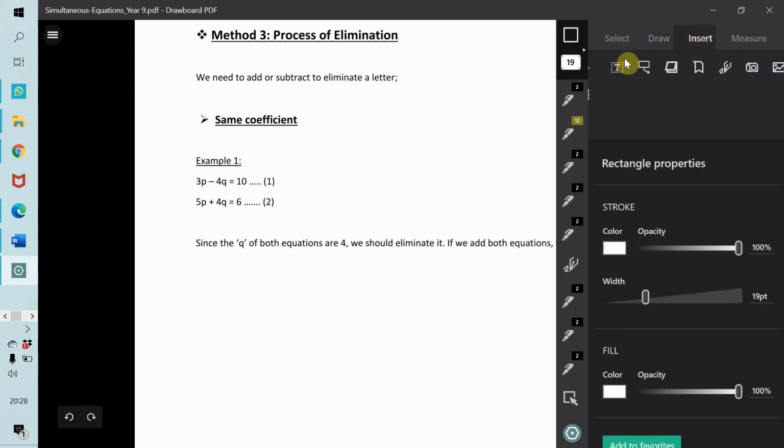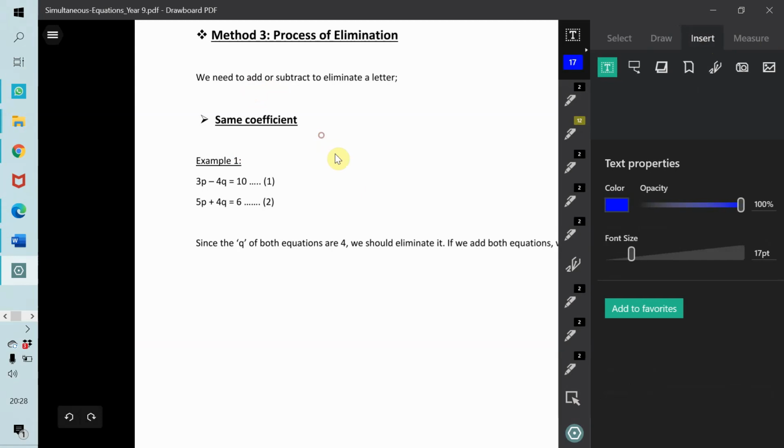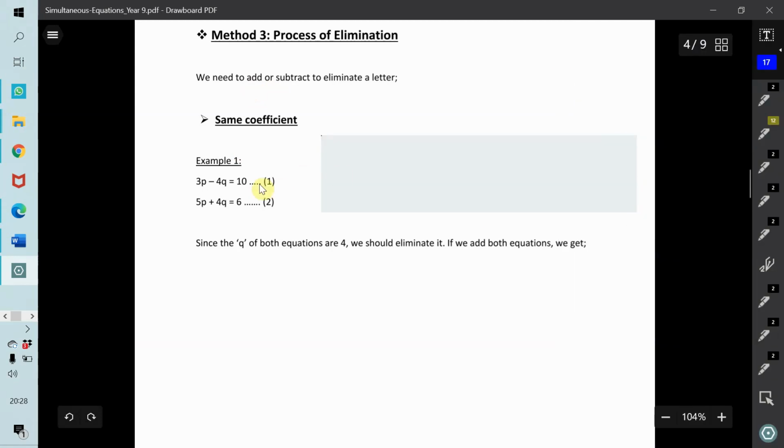Now, when you're doing this type of method, you must always look at your two equations that are given to you, and you must find which terms, and in this case your terms are either letter P and Q, are the same in both of your equations.